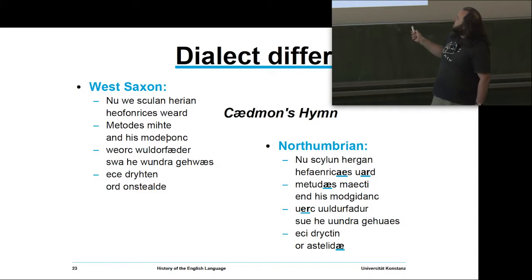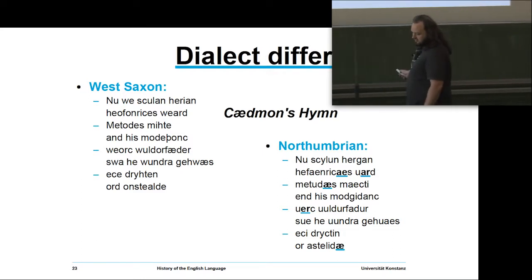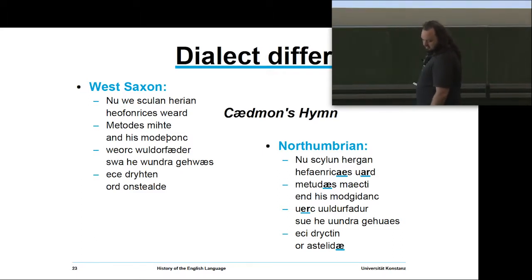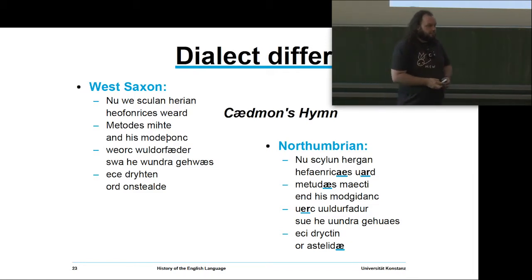And then here, in the Northumbrian, you've just got ward. So that's another one of these differences between these texts. Another example of that is down here, weorc here versus werc up here, so another example of the absence of breaking.